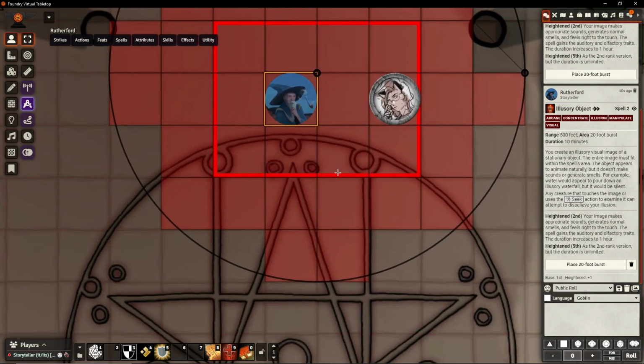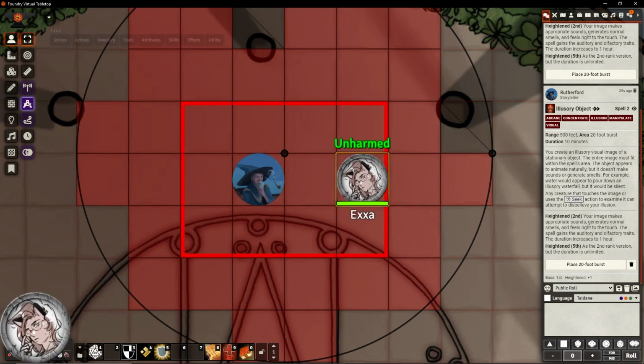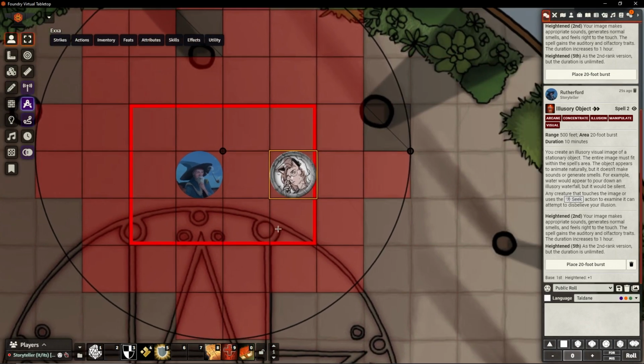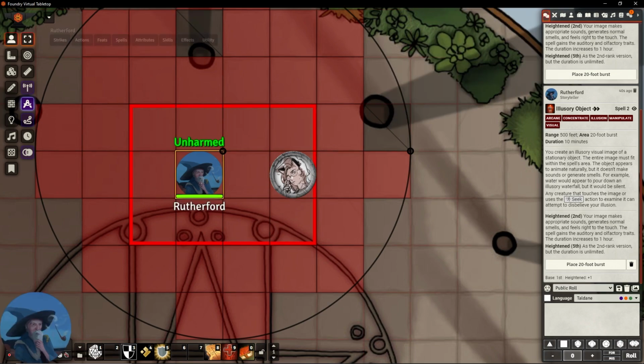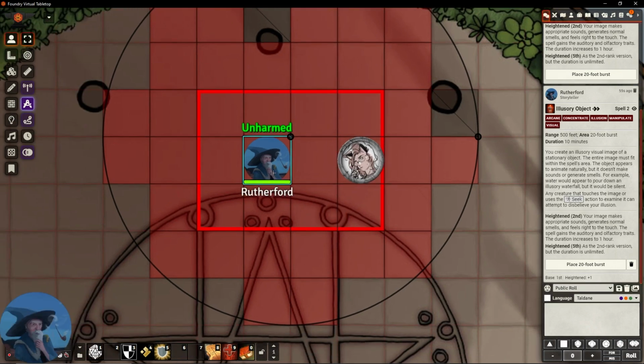But he does know that it is fake, and so he immediately has the impetus to be able to start trying to disbelieve it with actions. And if he could communicate that to Exxa, he could allow Exxa to immediately try disbelieving it as well. It's up to you as the game master if you would like this to be more forgiving. You could have it be that casters who cast illusion spells automatically disbelieve, or that they can set up something with their allies to automatically attempt to disbelieve, etc. But as far as the rules are concerned, you treat it as real just like everyone else.